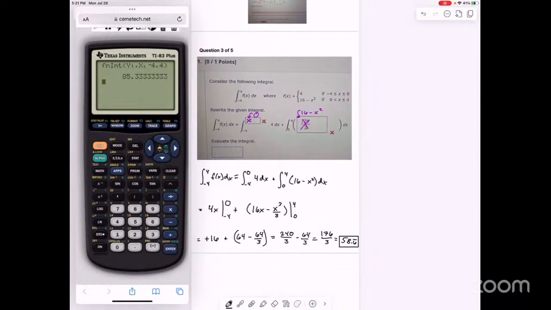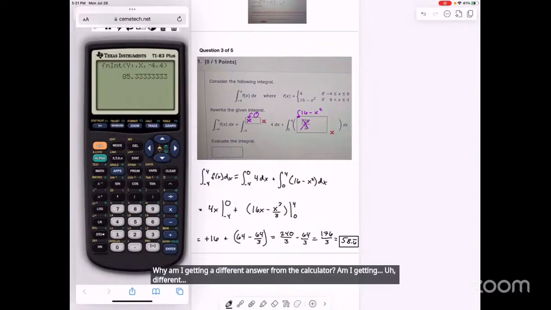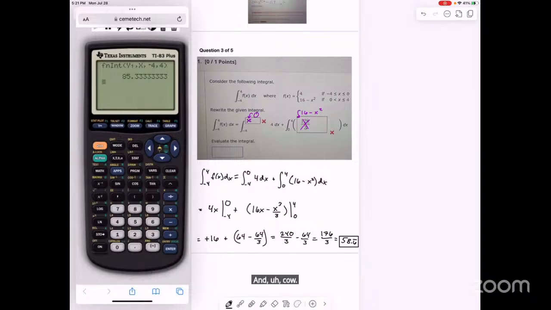Hopefully it'll let me do it. Why am I getting a different result than the calculator? Okay, let's see what it says this time.